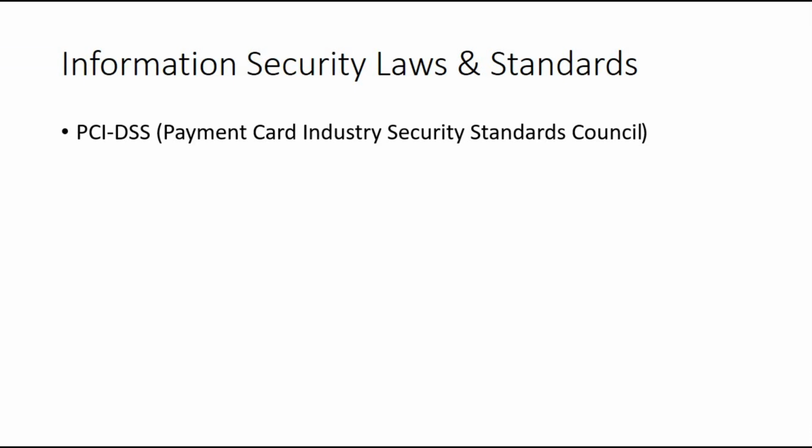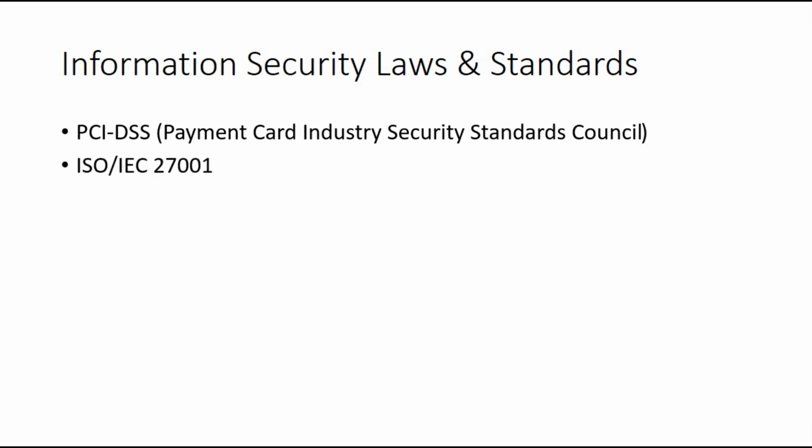PCI DSS is a proprietary information security standard for organizations that handle cardholders, which you already know about, that is credit card, debit card, prepaid, e-POS, ATM, and POS. So there is a particular set of laws and standards for that.